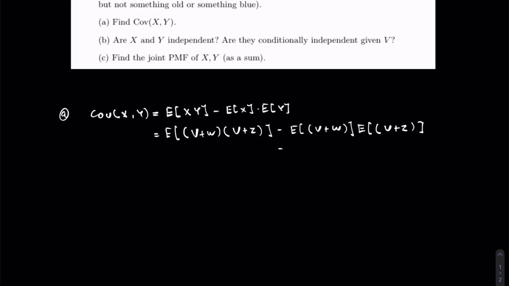Next, let's just use linearity of expectation. So you have the expectation of v, expectation of w, like this, and then the same thing. We retain the parentheses and just pull in the expectation function.